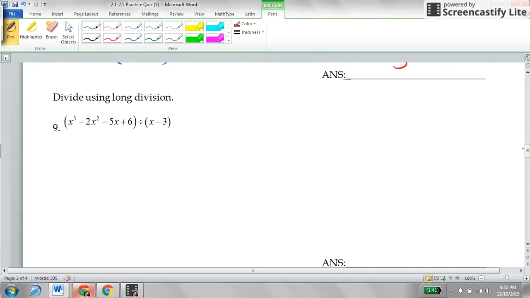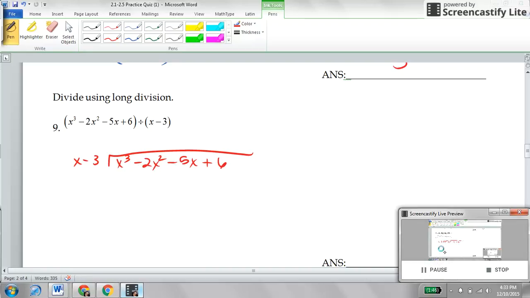Divide using long division. Yes, you can check this using synthetic division, but you must divide it using long division. So x minus 3 divided into x cubed minus 2x squared plus x. These are in order, so I am going to leave it there.